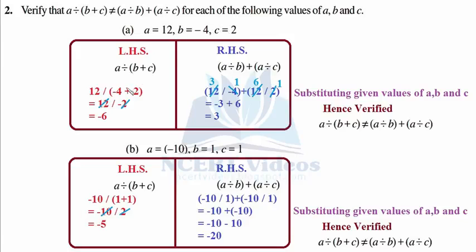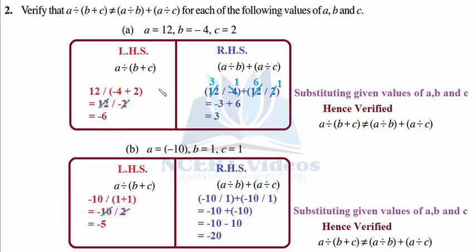So 12 as it is divided by minus 4 plus 2, which is minus 2. 2 ones are 2, 2 6s are 12, therefore minus 6 is your answer because here it was negative. So this was your left hand side solution. It came out to be minus 6.